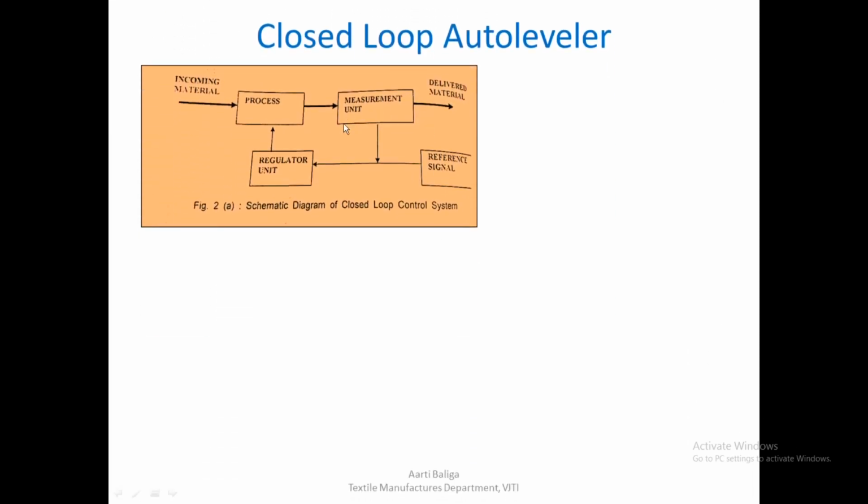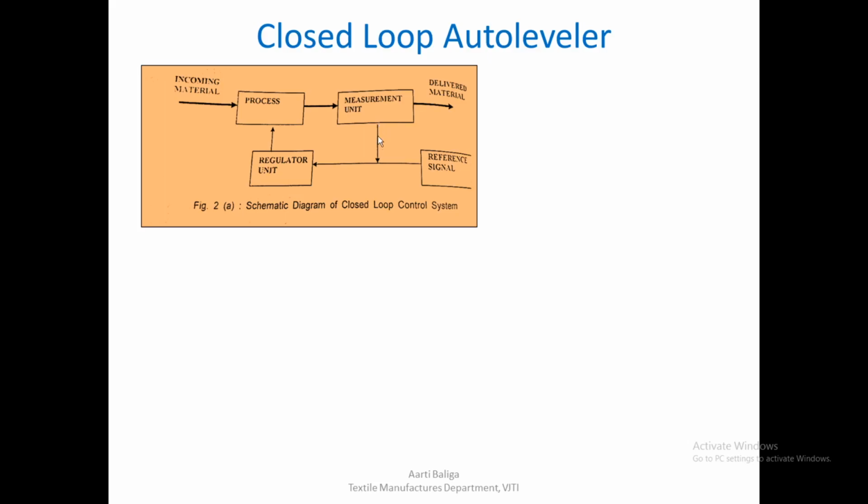So now we come to the closed loop auto leveler. Now here we observe the first major change, that the process is before the measuring unit. So after whatever output is delivered by the process, the measurement unit comes in place, and it will measure the thickness of the output sliver rather than the input, as in the earlier case.